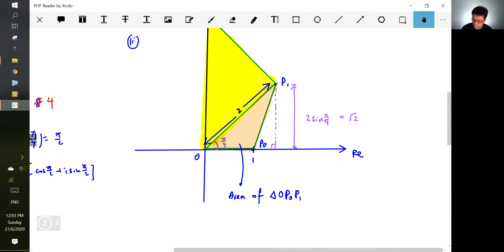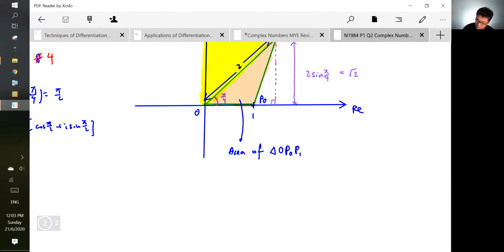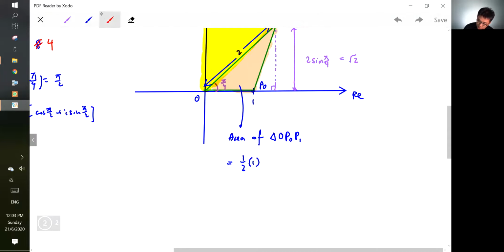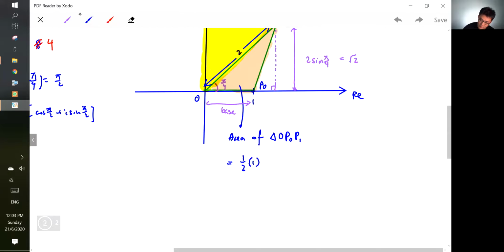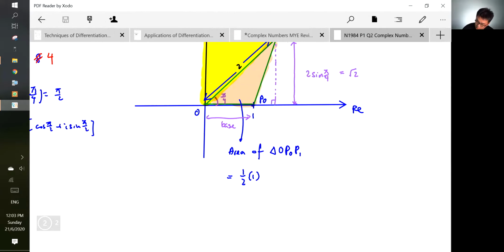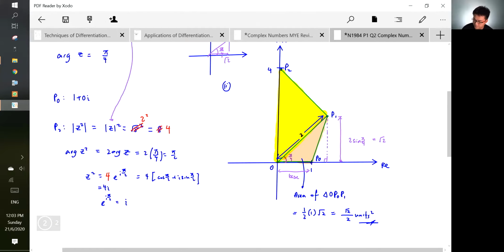The height here is root 2. You just key in the calculator. So the area is half times base, which is 1, times perpendicular height, which is root 2, in square units. So this is the first one.